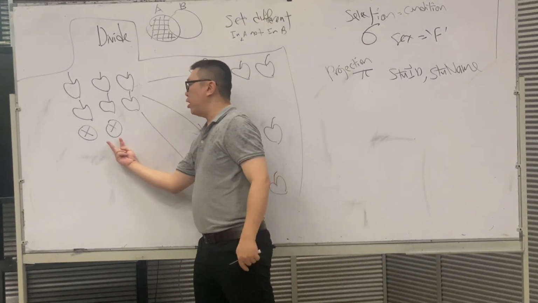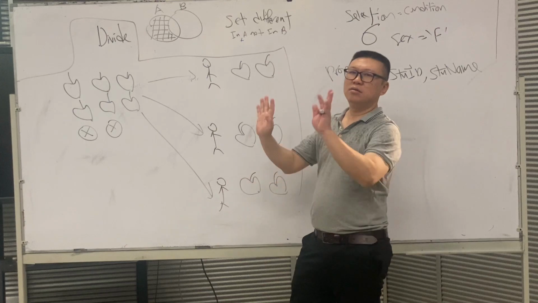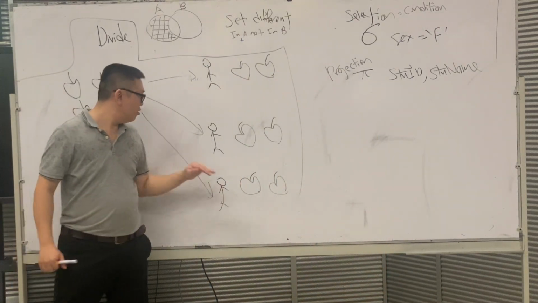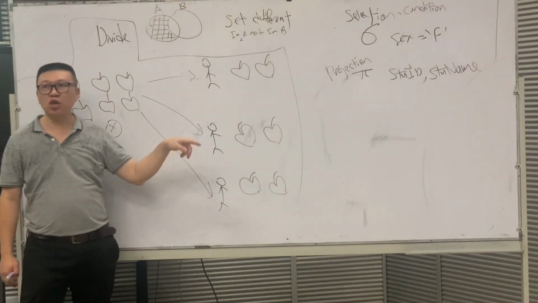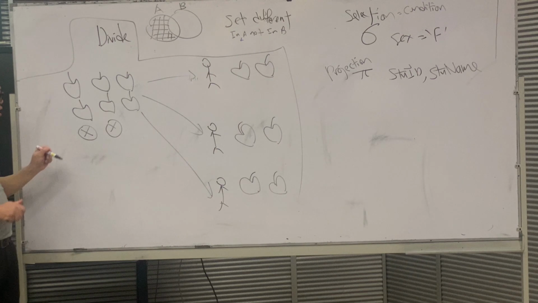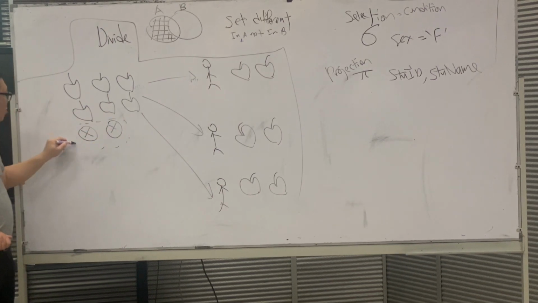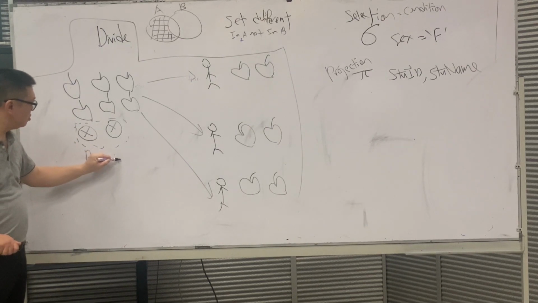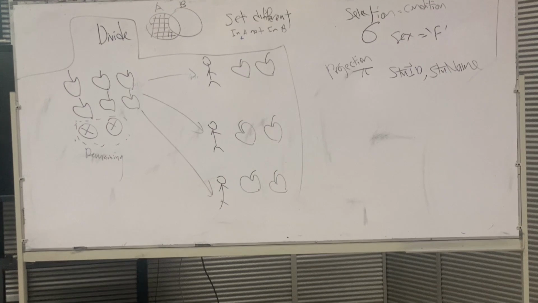But we only have 2 oranges and 3 persons, so I eat the oranges and keep them, and just give the apples to the others. It's called divide equally. You make sure it can be divided and give all; if not, it is just the remaining, and we keep the remaining. So this is called divide, and these are all the concepts you must know.